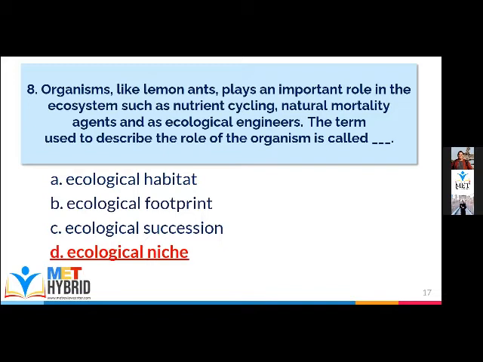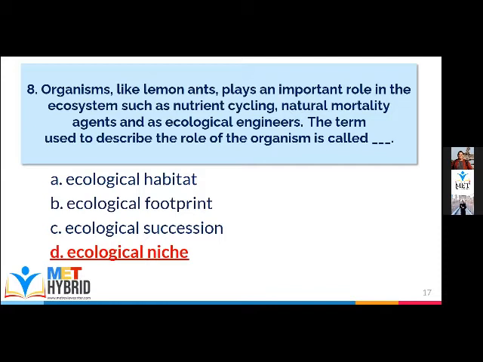We use natural resources and we generate waste. These wastes, in turn, are recycled by your detritivores and decomposers, such that it returns back to nature, and then nature will provide us new resources. When you say ecological footprint, we are focusing on the rate or the speed of how we utilize the resources, as well as the speed of the environment to produce the resources. So that is ecological footprint.